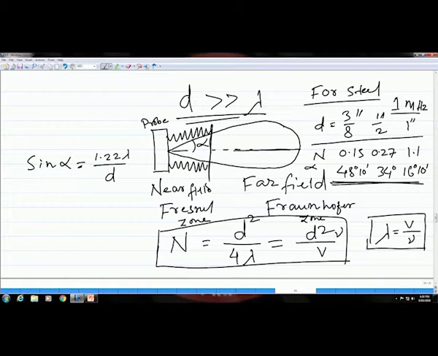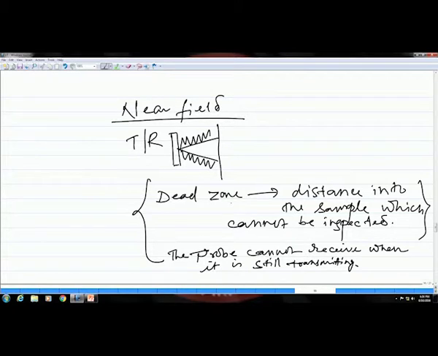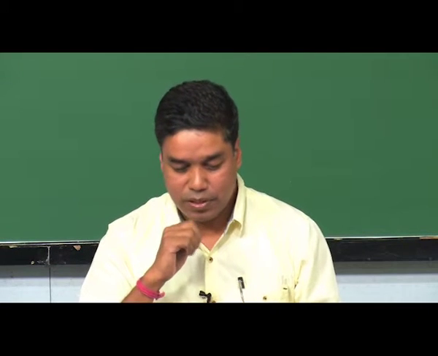Similarly, the far field is characterized by this divergence angle alpha, which again depends on lambda and d. Then we saw, due to these near field fluctuations, there is something known as the dead zone, which is a distance into the sample close to the surface that cannot be inspected because of these fluctuations, because a probe cannot receive when it is still transmitting.